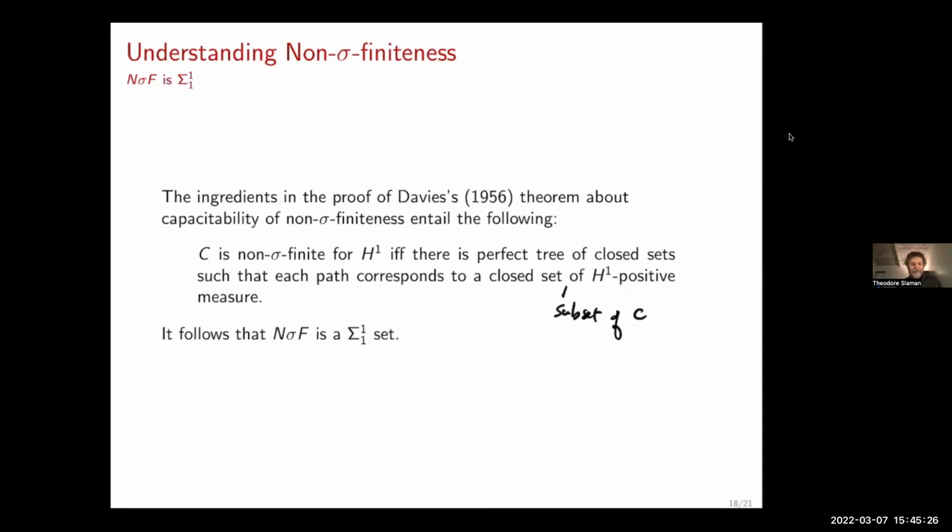Okay, so it's like the Cantor theorem. A closed set is not countable if and only if it has a perfect subset. A closed set is not sigma finite if and only if it has a perfect tree, and each path corresponds to a closed set, and for different paths, the closed sets are disjoint. I'm so used to thinking about perfect sets that I'm not saying everything that should be said.